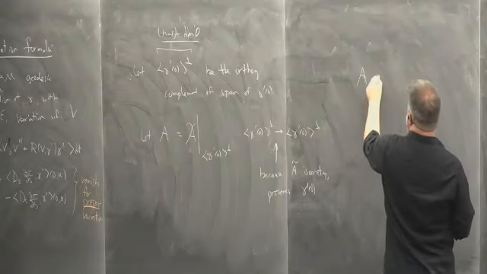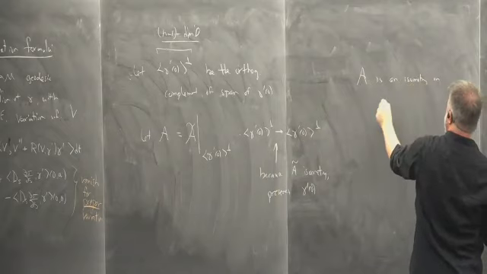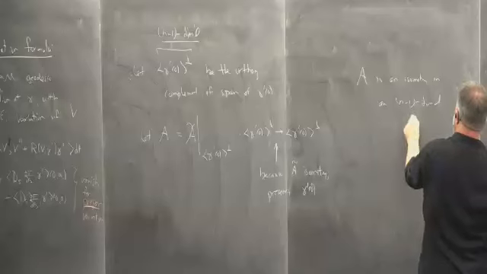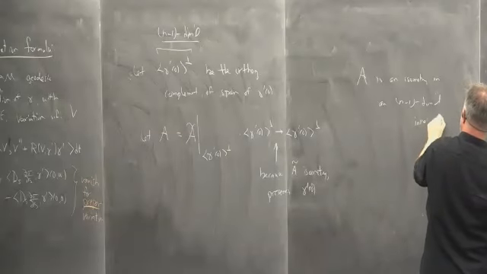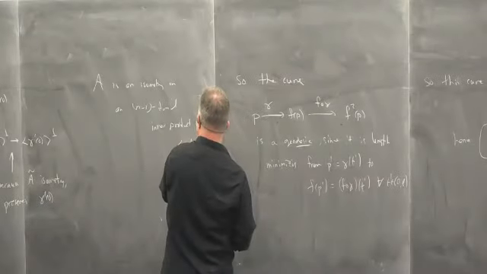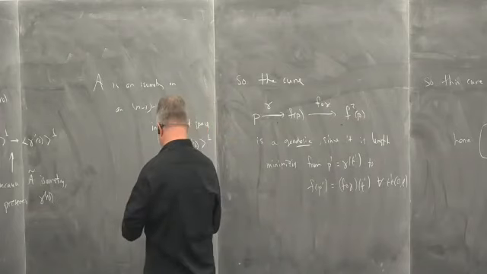And so A is an isometry on an n-1 dimensional inner product space, which is this guy.